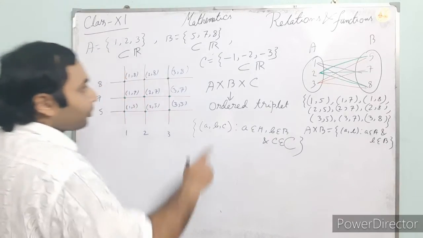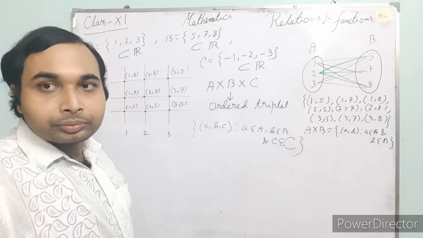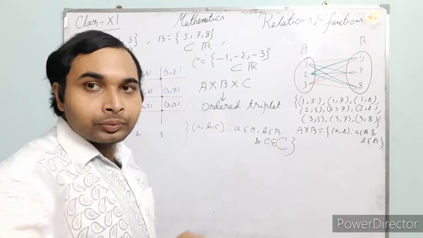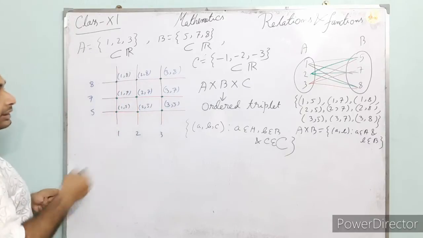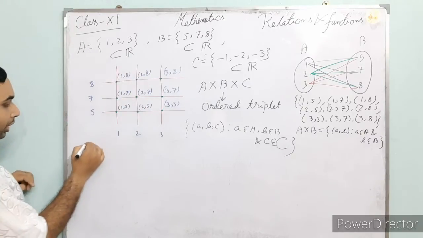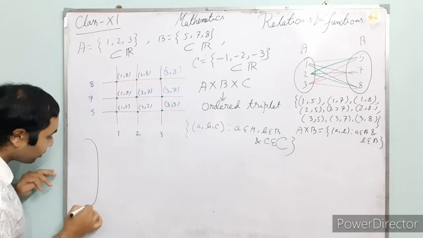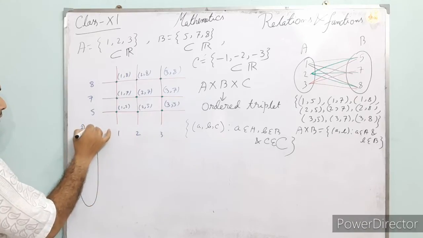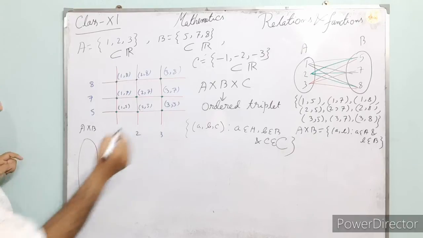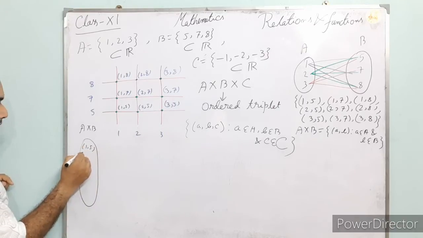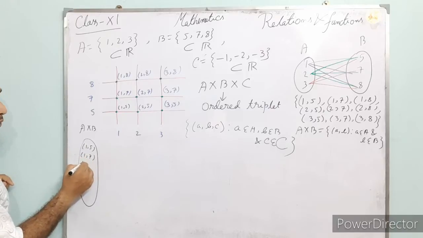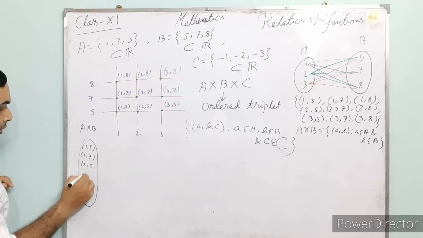How are we getting the ordered triplet? Here, just see, A cross B was, if I draw this one, those sets, elements (1, 5), (1, 7), (2, 5), and so on.